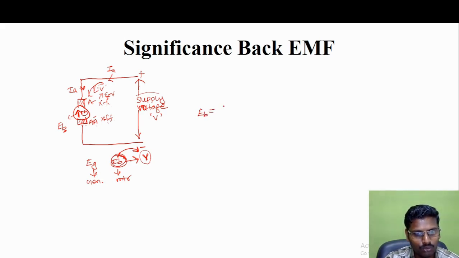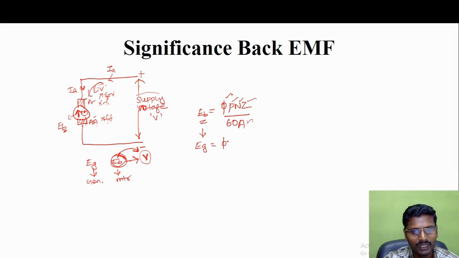So it is represented by EB equal to ΦPNZ divided by 60A. This EB will be similar to generated EMF EG, because we have derived the EG expression, and the final expression for EG is ΦPNZ divided by 60A, right?